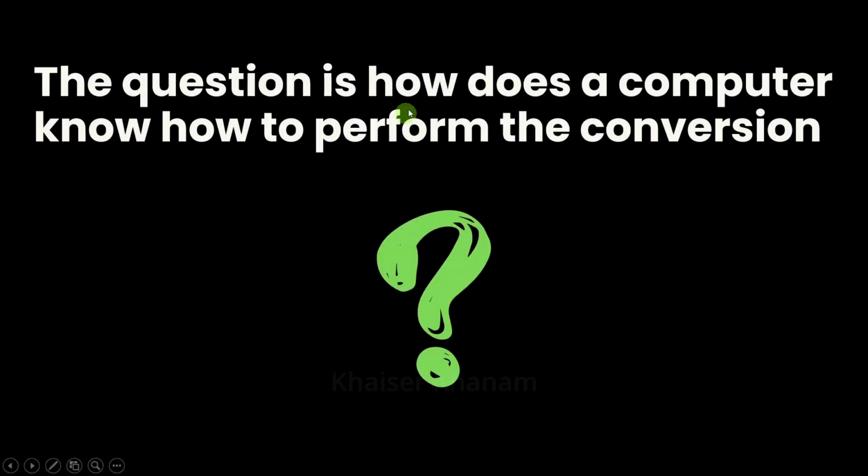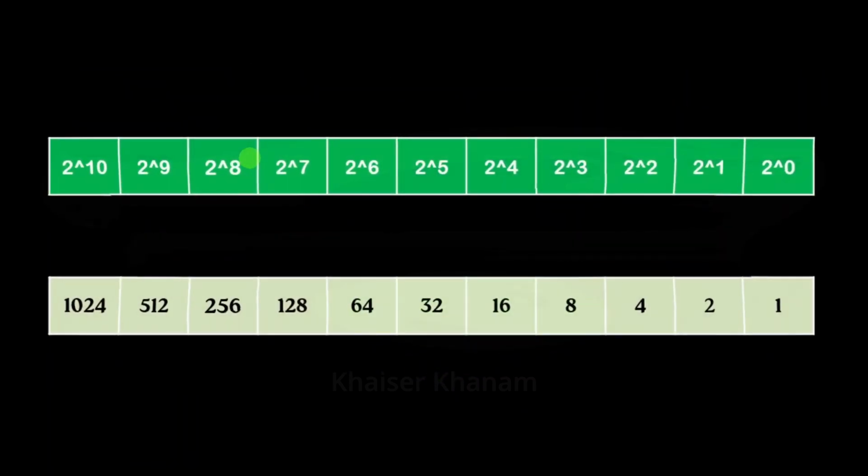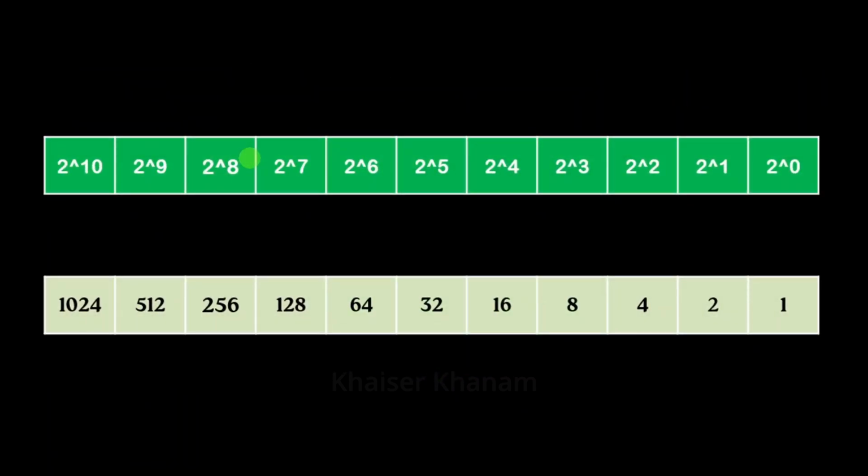But now, the question is, how does the computer know how to perform that conversion? Because we have different digital information like text, characters, images, videos, audio, and a lot of things. Well, as I mentioned, by using the base 2 numeric system. Here you can see I have 2 power 0, 2 power 1, 2 power 2, and corresponding to that, all the values are displayed. Now, I just want the binary representation of 5.